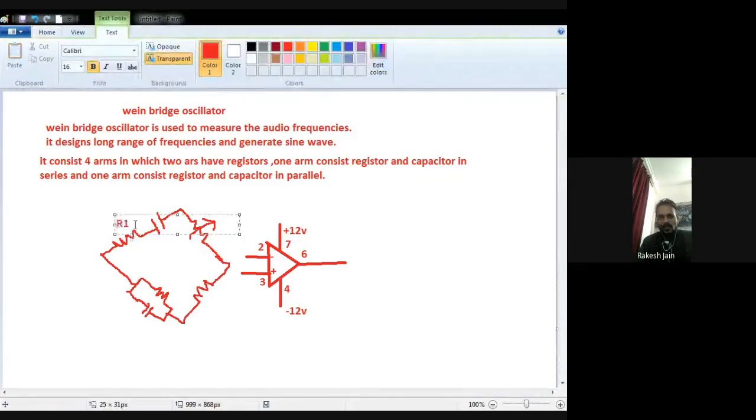This one is the R1 resistor, which is in series with a capacitor C1. This one is a capacitor C2, which is in parallel with a resistor R2.